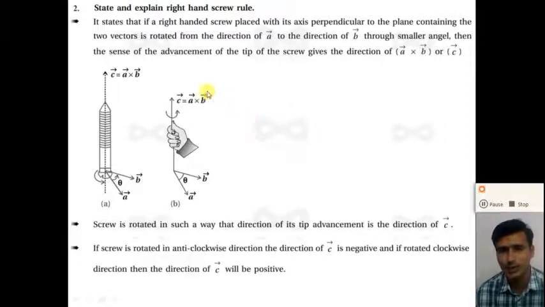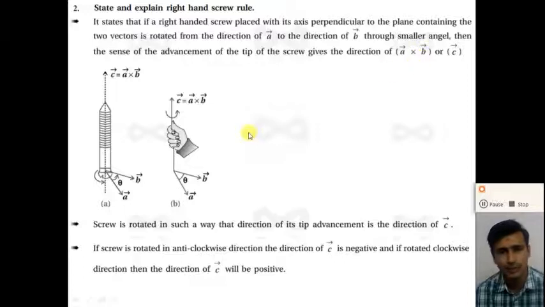So the second question is: explain the right hand screw rule for determining the direction of the vector multiplication of two vectors, right? The right hand screw rule states that if a right handed screw placed with its axis perpendicular to the plane containing the two vectors is rotated from vector a to vector b through a smaller angle, then the sense of advancement of the tip of the screw gives the direction of a cross b.